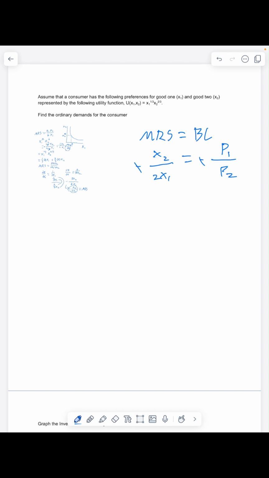We want this to be all in terms of x2 because we're going to plug this into our budget equation, and we want to be able to simplify. So we're going to multiply both sides by 2x1, which is going to isolate the good 2, giving us p1 over p2 times 2 of x1, which, if you want to make it easier to think about, is the same thing as saying 2p1x1 all over p2.